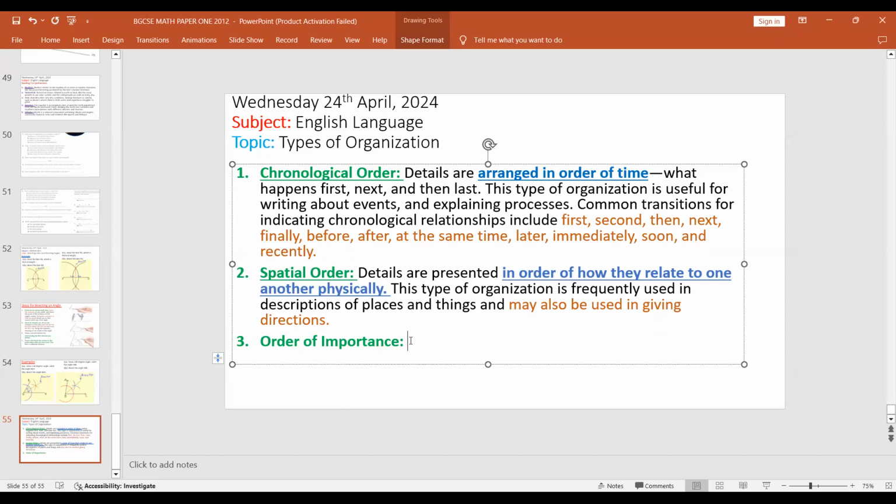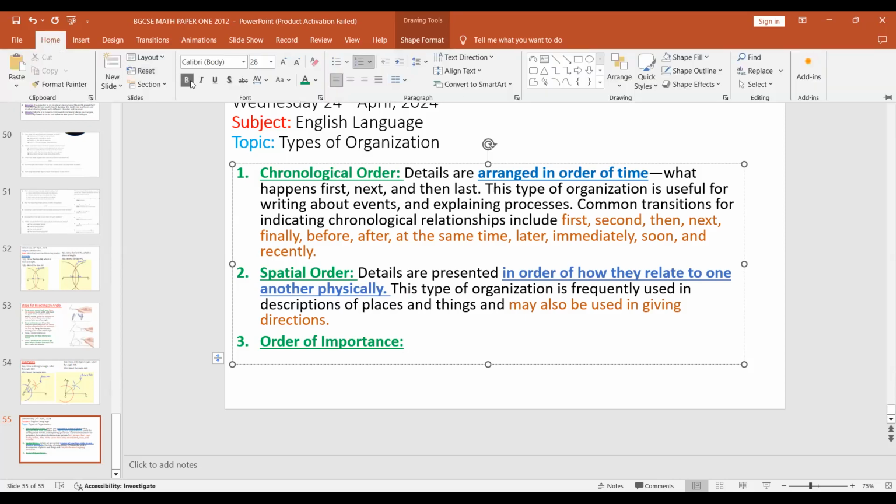Another way of organizing your information is in order of importance. Do you leave the most important for last, or present the most important information first? It's totally up to you.